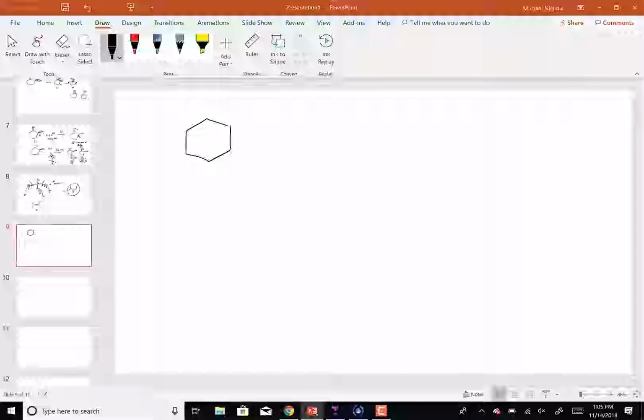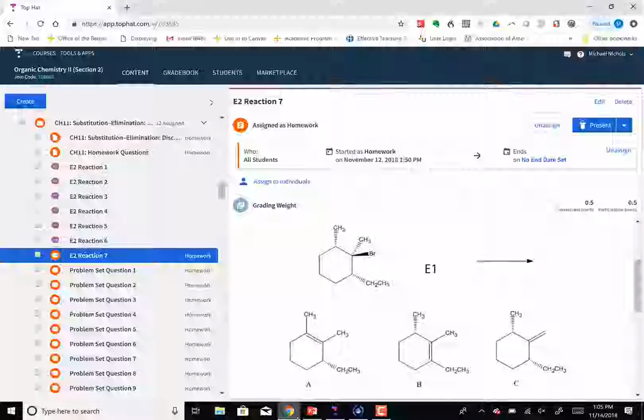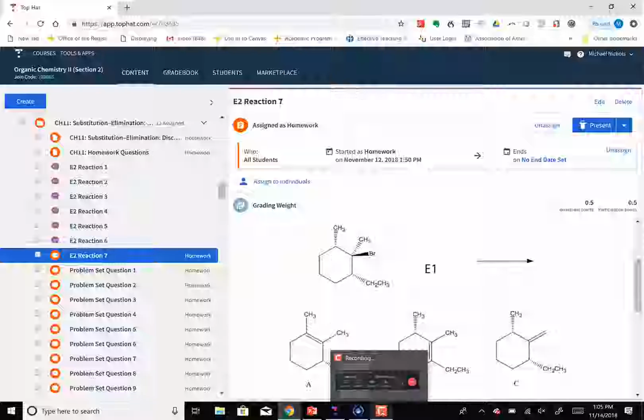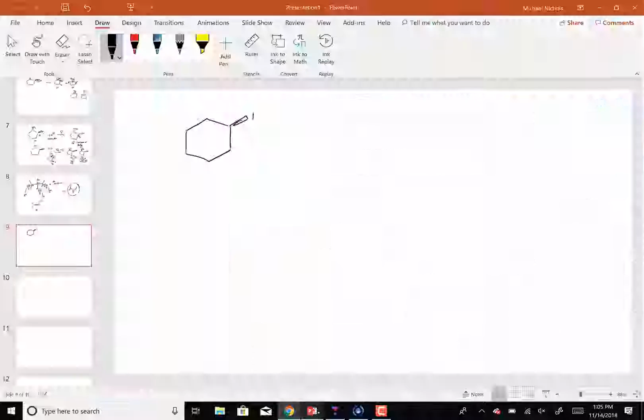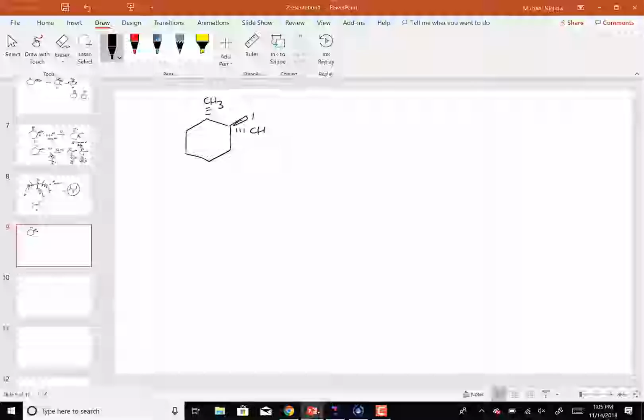When we go to an E1 mechanism, the stereochemistry does not matter in that case. And so our steps are still the same. What was the first step in solving one of these problems?